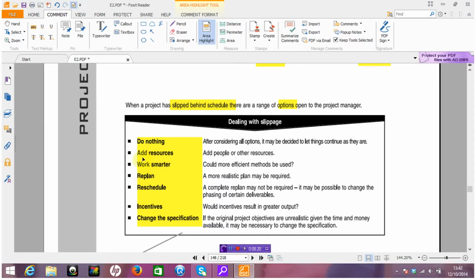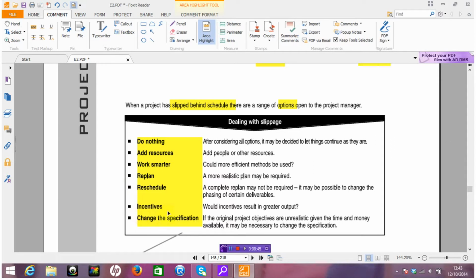They're fairly straightforward: adding resources, but obviously there are cost implications to adding more people or indeed adding more money. Working more efficiently or working smarter is an obvious option. Replanning or rescheduling, perhaps looking back at the project plan and reining in some of our deliverables or our objectives in some way, may be the best option.